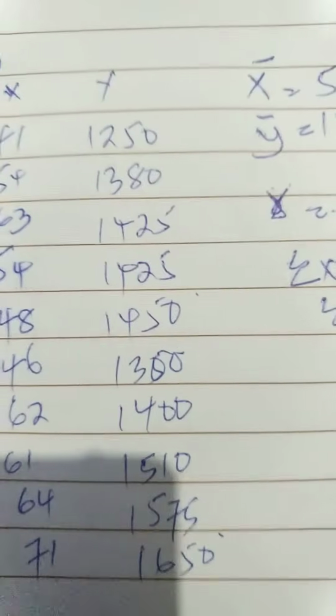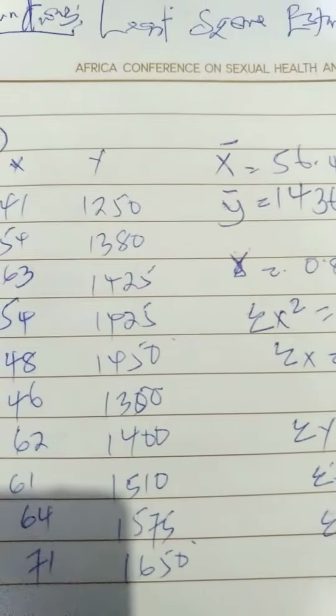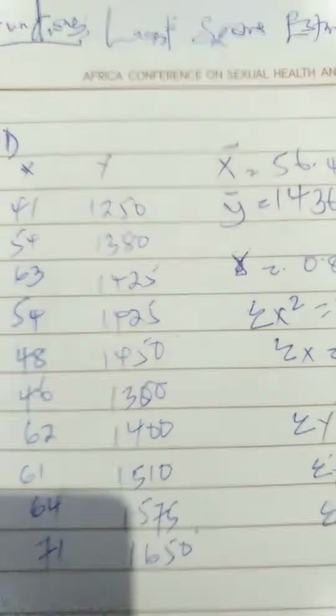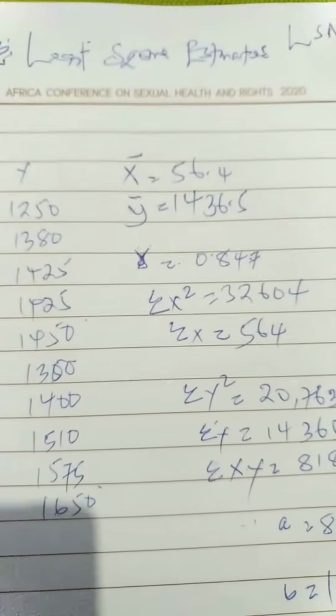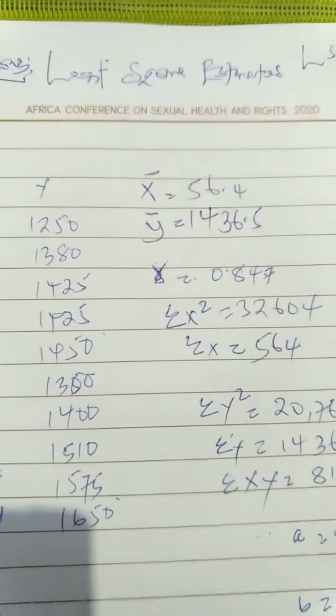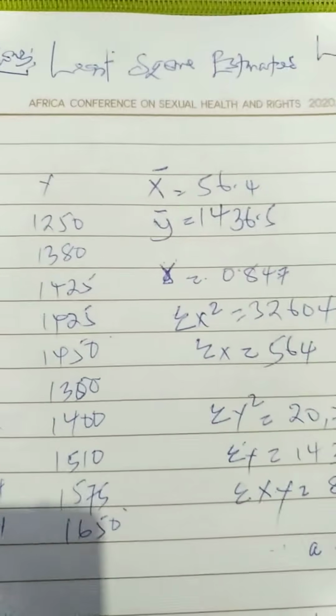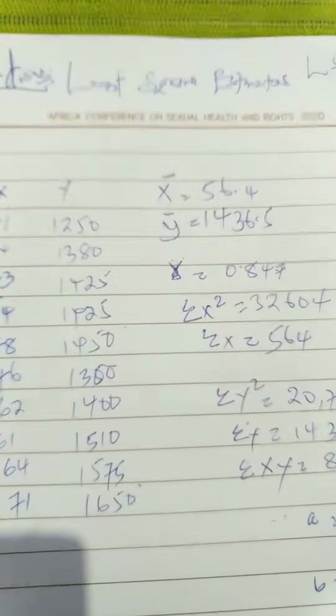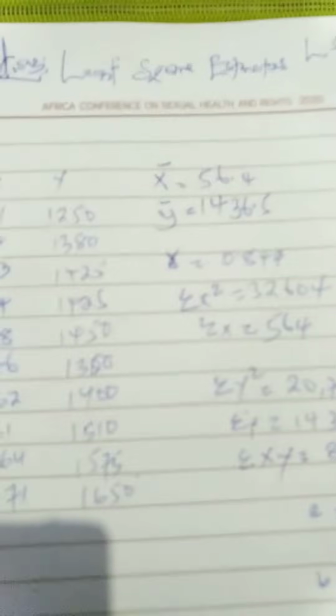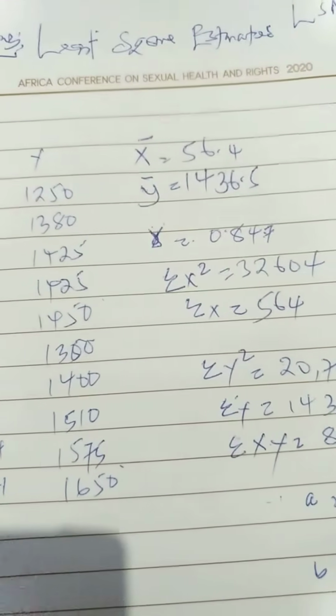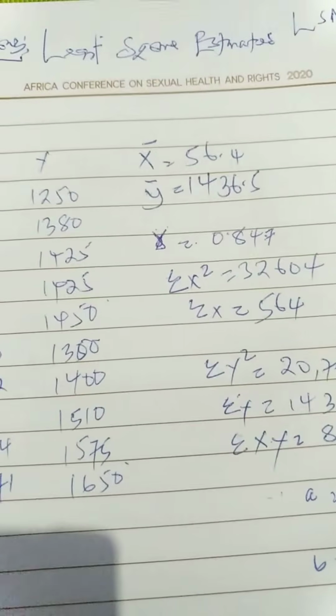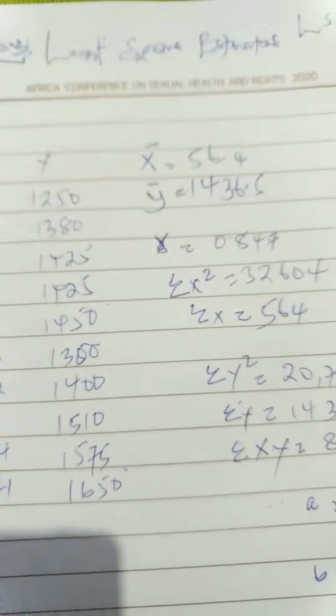After doing so, there is a regression formula where you have it, if you want to get the average of x, the average of y, and then your r, which is the regression r.